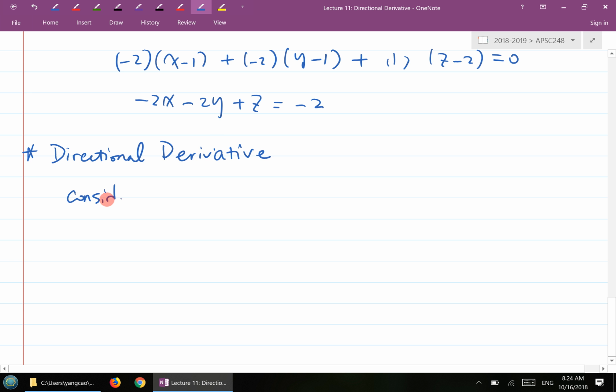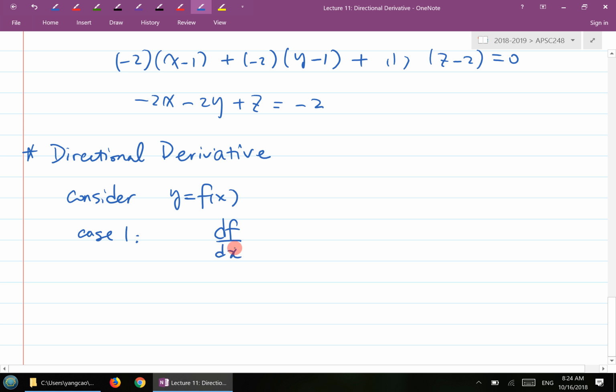So let's start from the very beginning. Very simple here. Let's consider the single variable function y equal to f of x. Now this is case 1, what you have learned in first year.